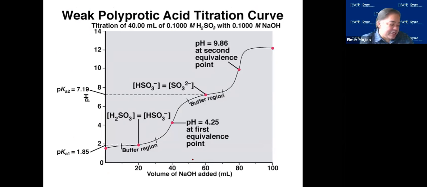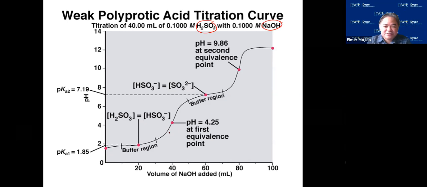You can also have a titration curve like this one. And you observed this when you did your Gen Chem 2. So as you could see here, okay, you have sulfurous acid, which is a weak acid, titrated with a strong base.